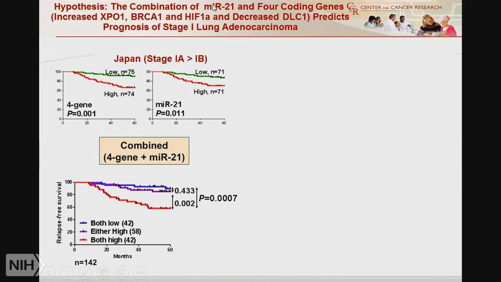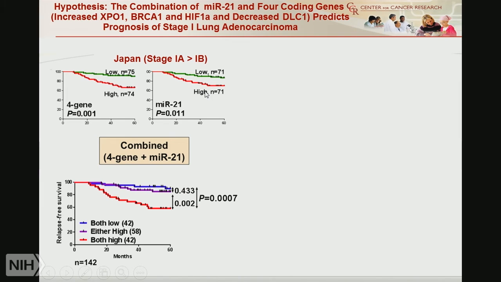HIF1 alpha protein is made primarily at the time of hypoxia at that level, not an increase in expression of the message. And then DLCA1 is in fact a tumor suppressor gene. So the four gene signature, protein coding gene signature, poor prognosis here.